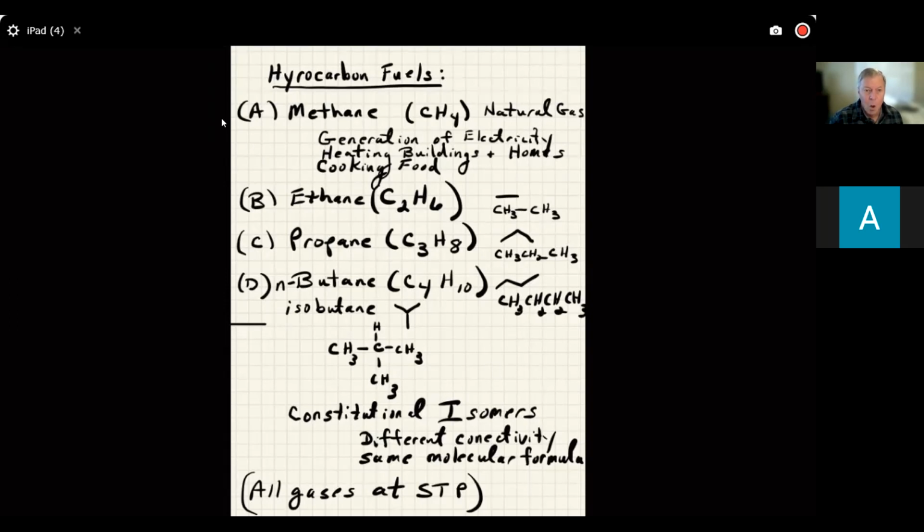Now, all 4 of these are gases at standard temperature and pressure. All right. So now, can we liquefy methane? Yes. How do you do it? You got to get really cold and go under pressure. Ethane, you got to get very cold and under pressure. Now, propane is much easier to liquefy, right? It's in that big metal cylinder.